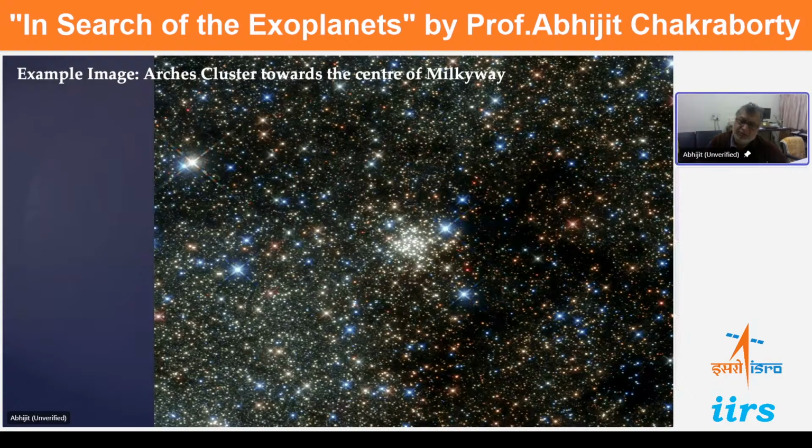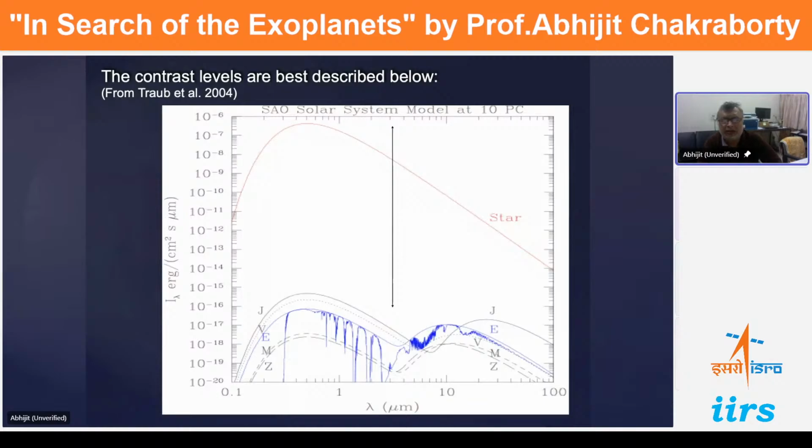Okay, now what about planets? The issue with planets is the following. If you look at this curve, you can see the red curve.